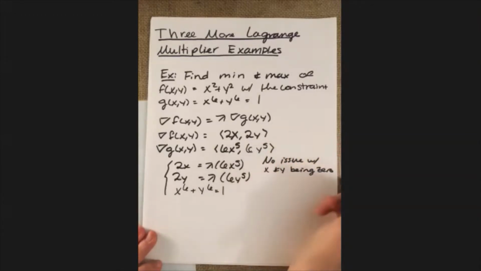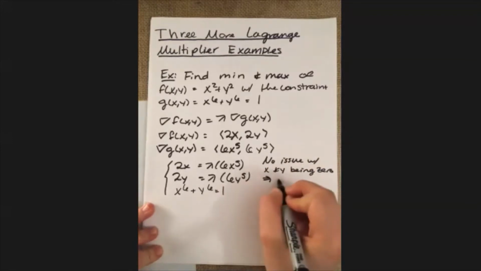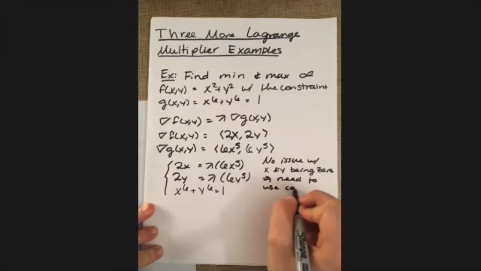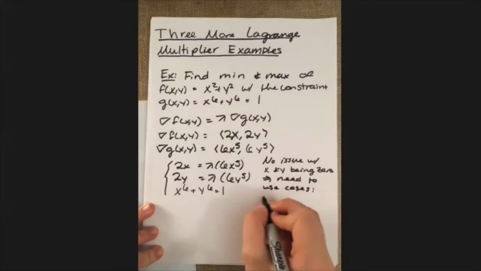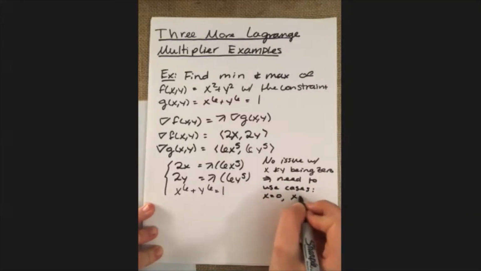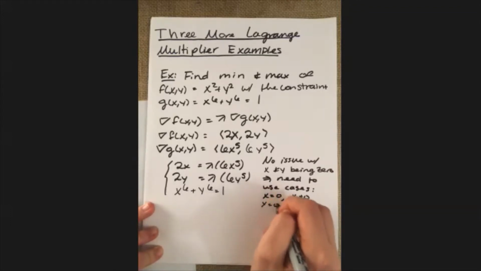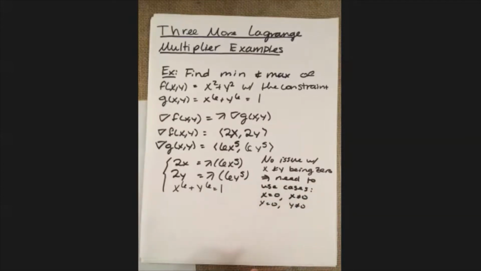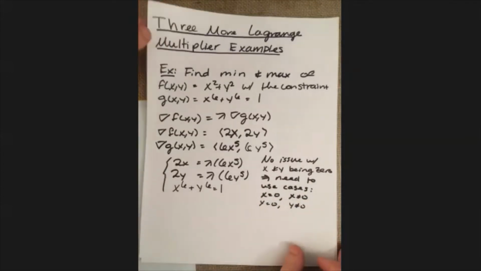There's nothing to prevent that, so we need to use cases. And that's going to look like x equal to 0, x not equal to 0. So that takes care of the x's, and then y equal to 0 and y not equal to 0. Okay, so that's how we're going to approach this to round up all of our critical points for this problem.